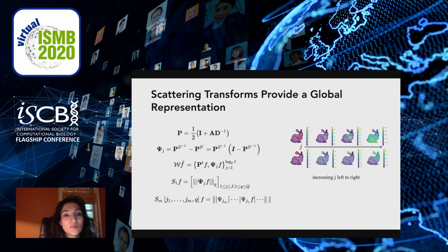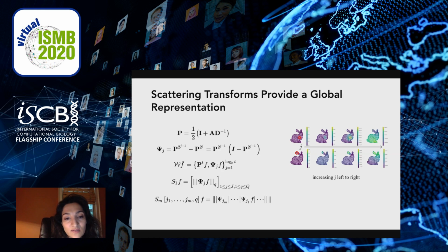The way these are created is you take the difference of two scales of these random walk matrices. These are powered to two different t's, but they follow dyadic scales. They're powered to P, the Markov matrix, 2 to the J minus 1 minus 2 to the J. These are different scales of wavelets.